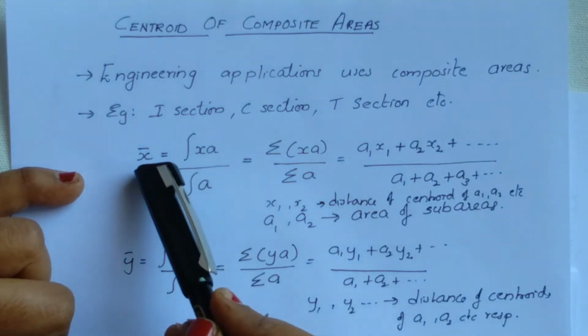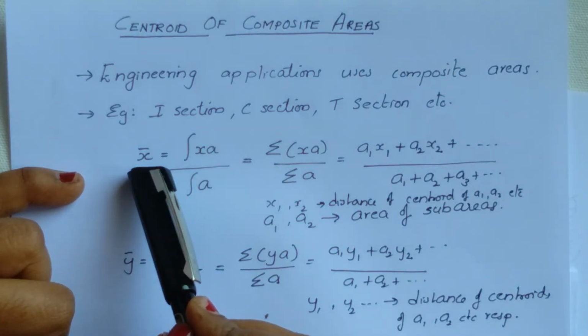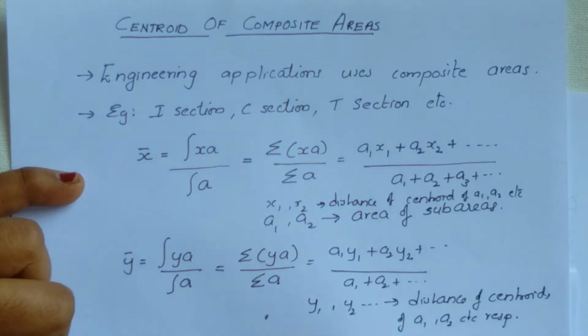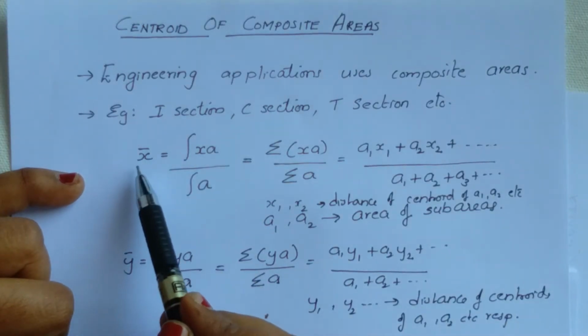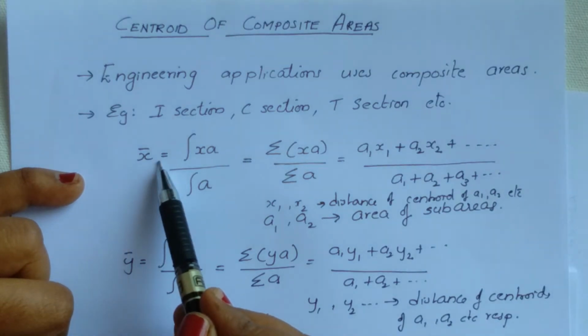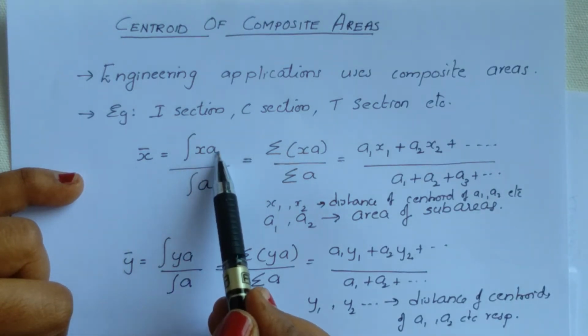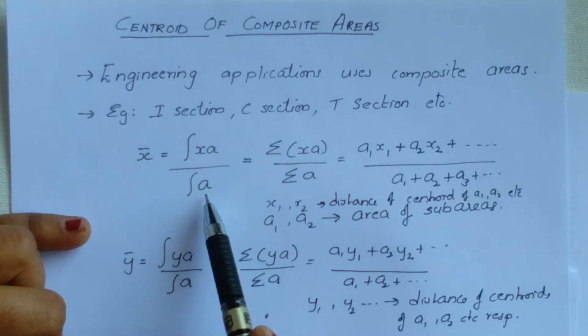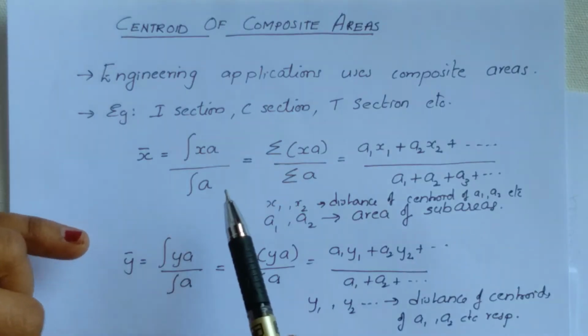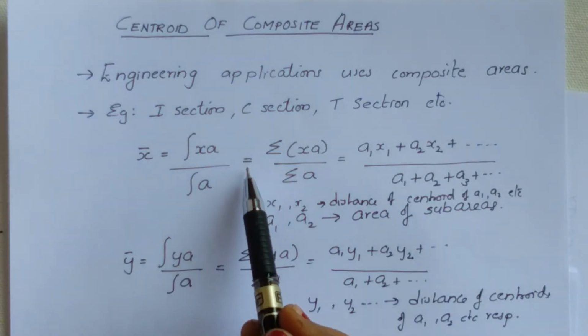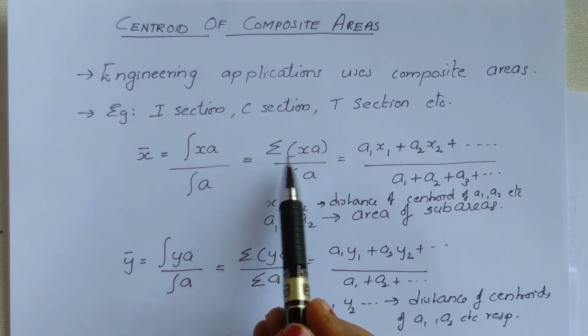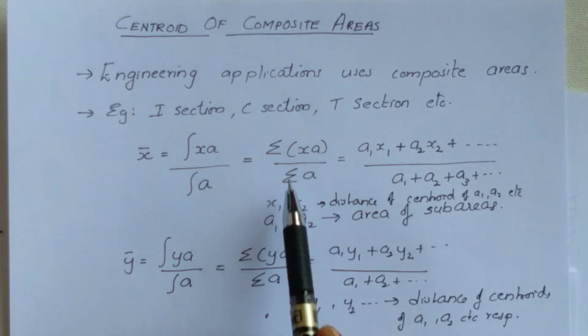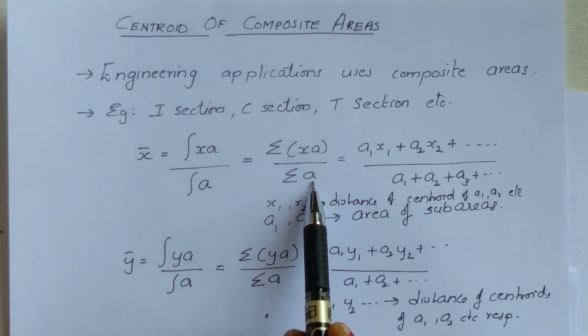The general expression for the distance of centroid of a composite area from the y axis is given by x bar is equal to integral x a divided by integral a, which is equal to sigma x a divided by sigma a.